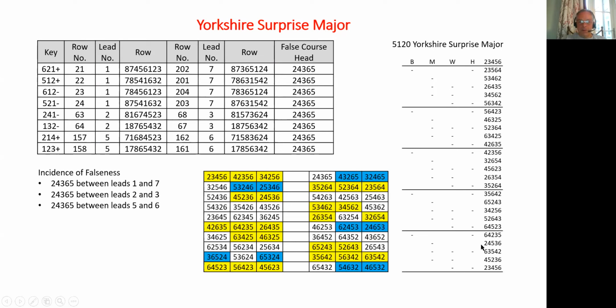But also later in the composition, we are ringing 42356 as well. However, because when we call this middle to go into 43265, we're immediately calling a wrong at the very next lead end. So we're effectively only ringing that one lead of the course 43265, which is lead 4 of the course, before we then move on to something else, then we move to a different course. The fact that we've also rung course 42356 doesn't matter, because there is no instance of falseness in lead 4.